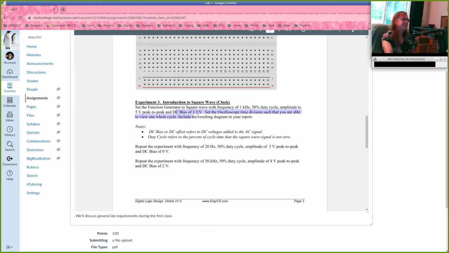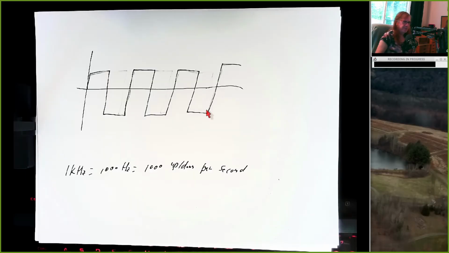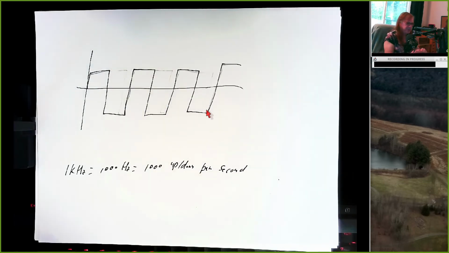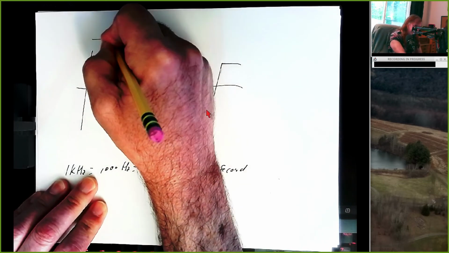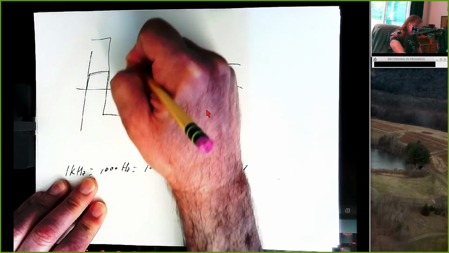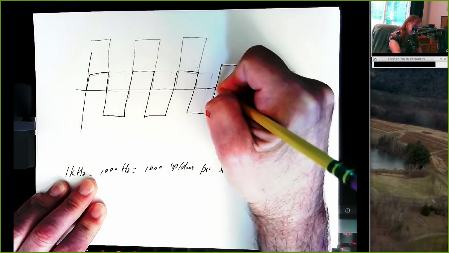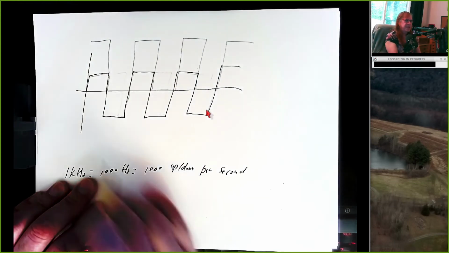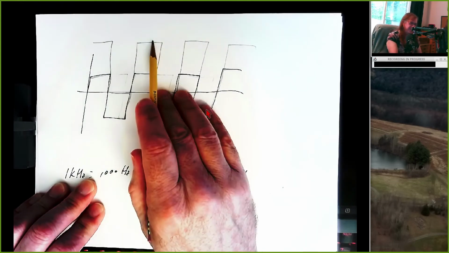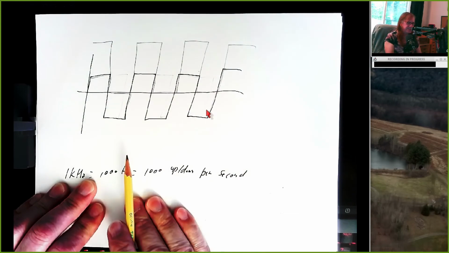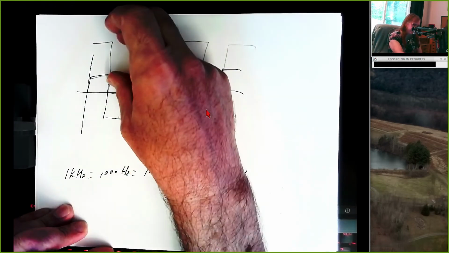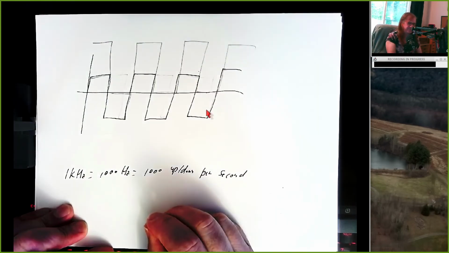And the last thing is a DC bias. Because a 5 volt peak to peak, well, it could look like this, or it could look like this. Exactly the same frequency, exactly the same amplitude, exactly the same duty cycle, but all the voltages have been shifted up by a little bit.